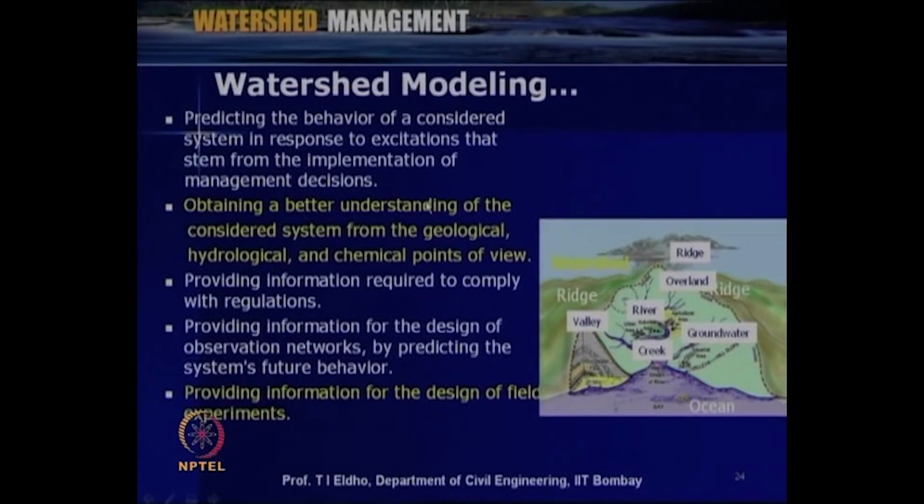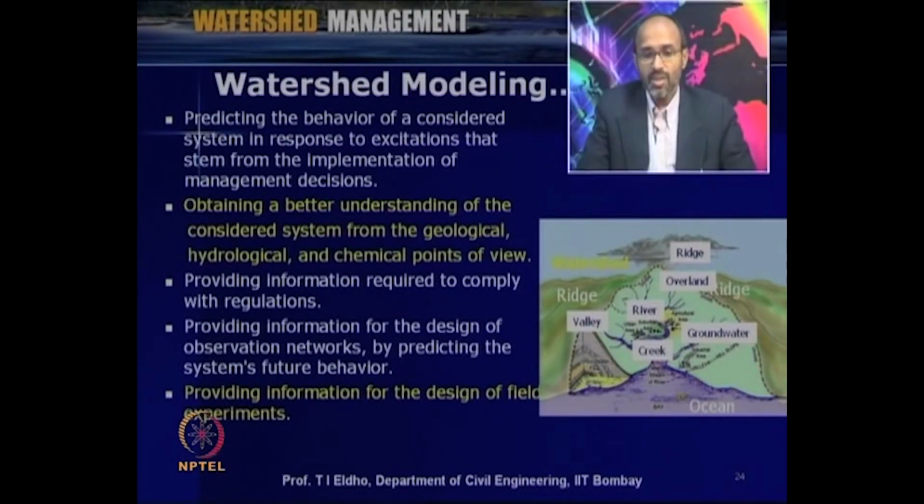So, as I mentioned, it can be for various plans making or various management decisions or for the regulatory measures. So, we have to get the various aspects. So, now obtaining a better understanding of the considered system, as far as watershed is concerned, we are trying to get from the geological, hydrological and chemical point of view.